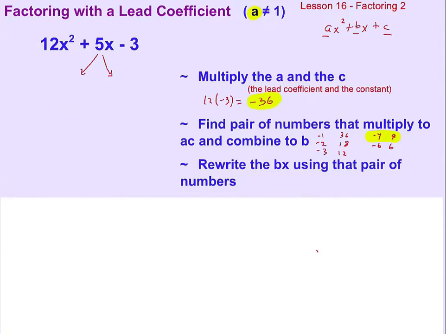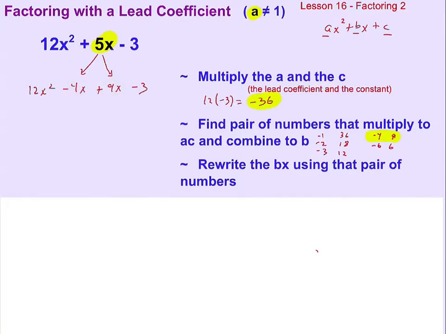So I'm going to rewrite this as 12x squared, and the order I do this in does not matter, minus 4x plus 9x minus 3. And so what we've done is we've taken the 5x and chopped it up into -4x plus 9x. That's totally allowed. I can rewrite 5x that way if I ever want to.